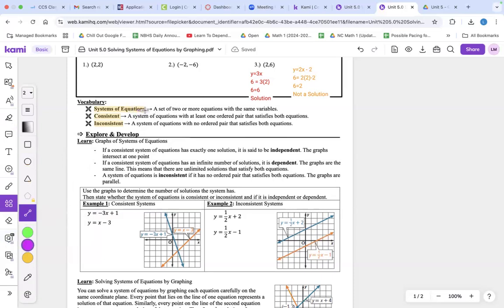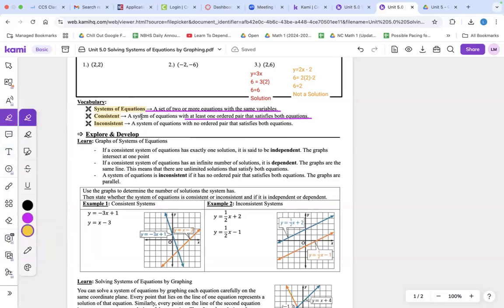System of equations, a set of 2 or more equations with the same variables. Consistent. It is a system of equations. It has at least one ordered pair that satisfies both equations. So I need you to highlight after you underline at least one ordered pair.